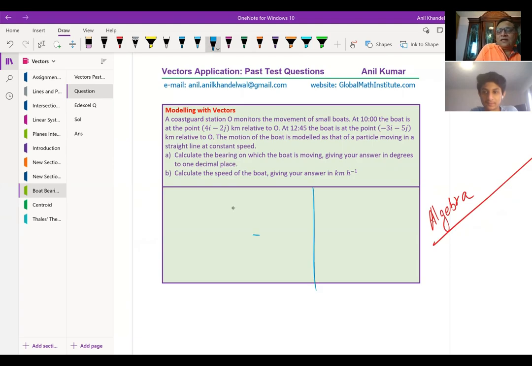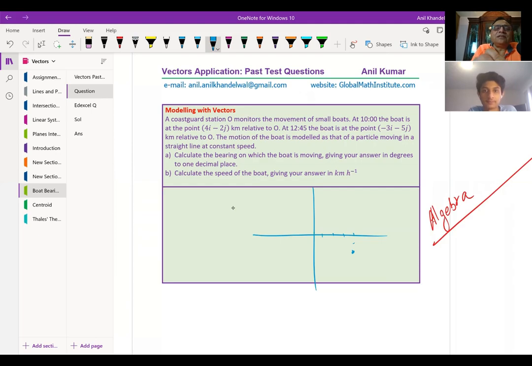So I'm just making a rough diagram here. When you say at 10, the boat is at a point 4i minus 2j, it means what? 4: 1, 2, 3, 4, and minus 2j means 1, 2. Do you see that? That is the location at 10.